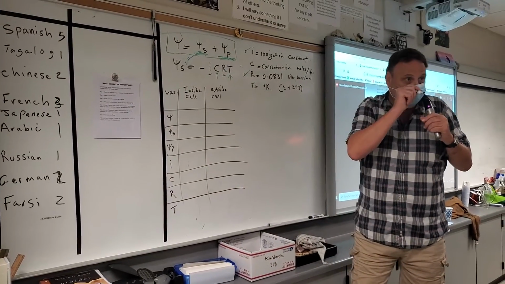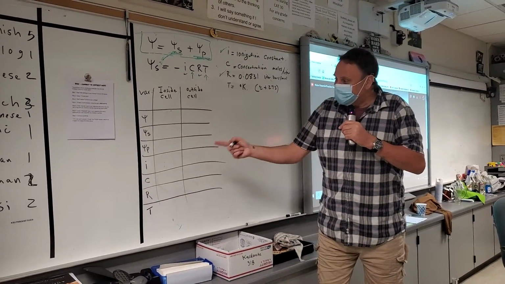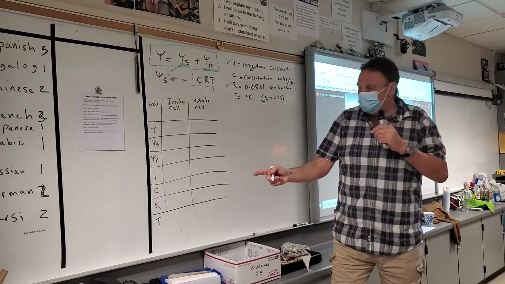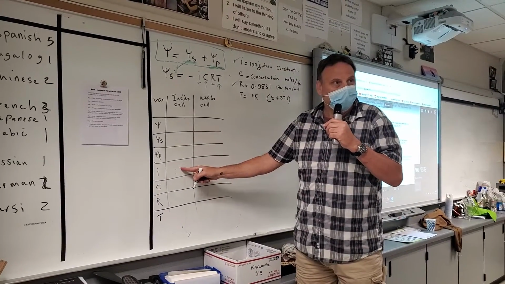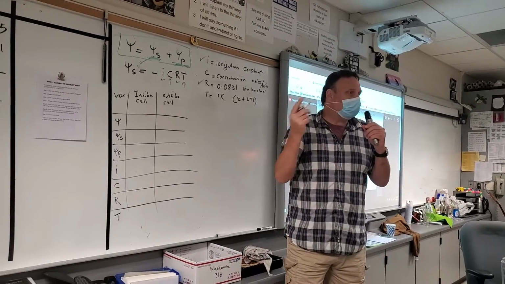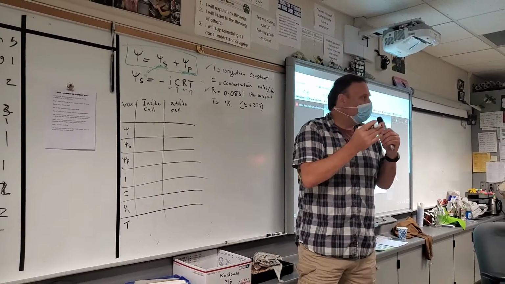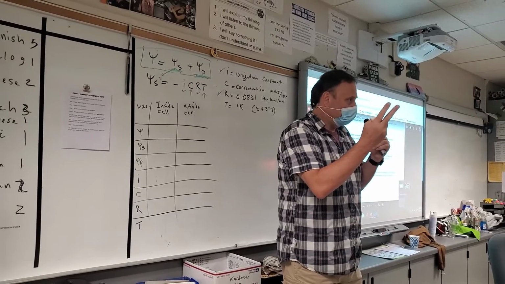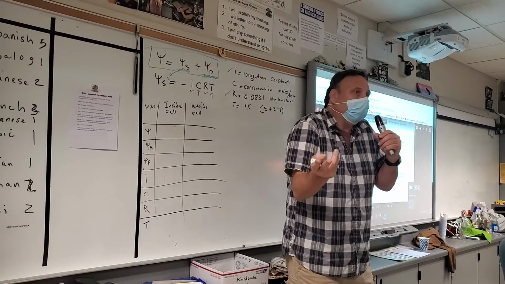That's it, right? Okay. Some of these I don't have to worry about, because if it's a sugar, i is 1, and if it's something that ionizes like a salt, then i is 2. So it's going to be probably 1 or 2.